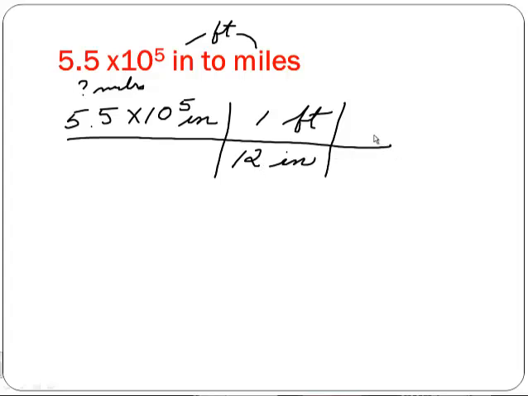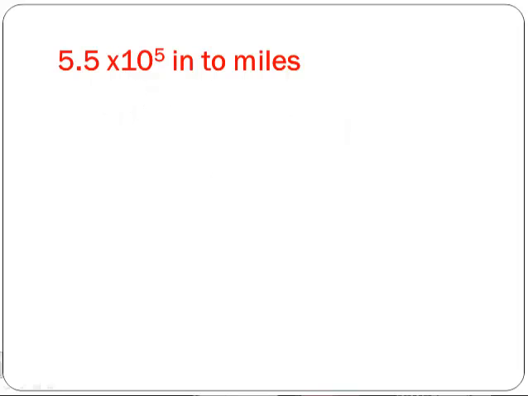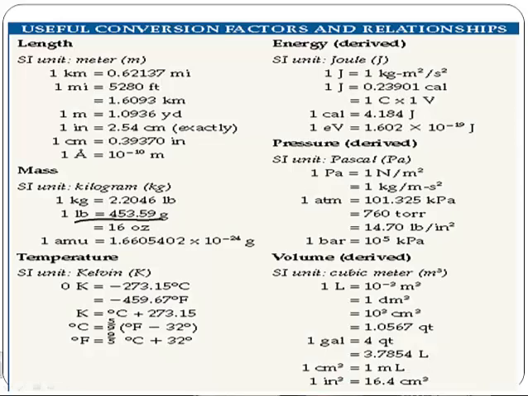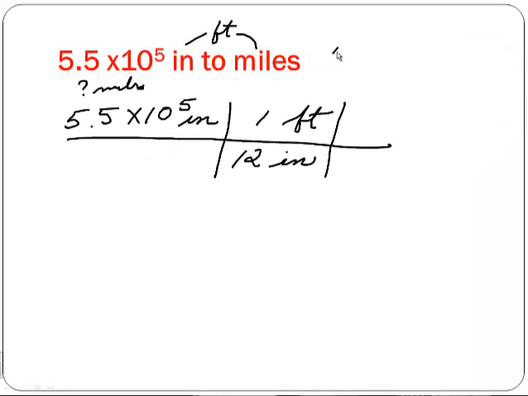And then I also know that I am not there yet, so I'm going to have to go back here and figure out how many feet in a mile. So back to my chart. 5,280 feet to a mile. So I'm going to go back. 5280 feet is equal to 1 mile.